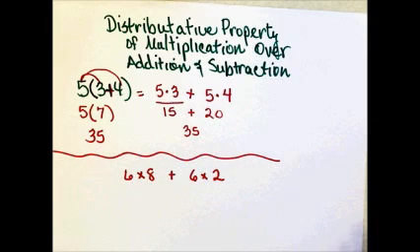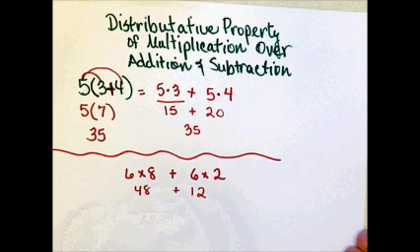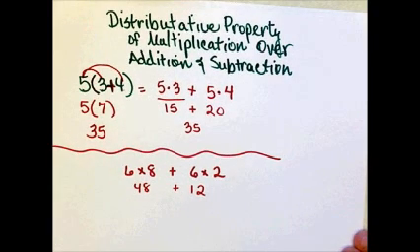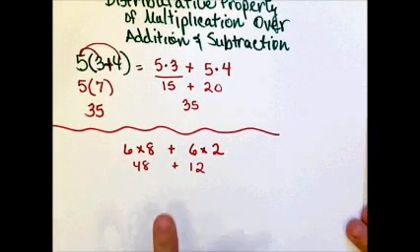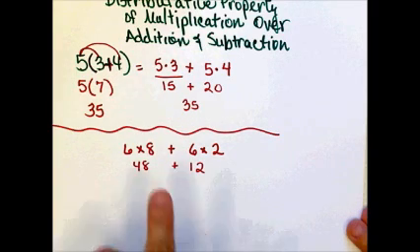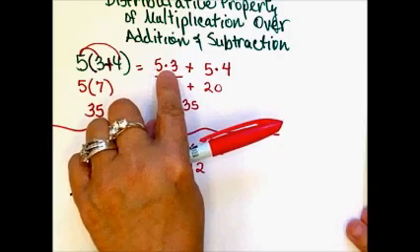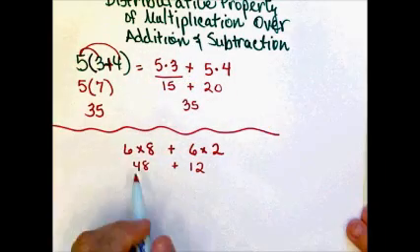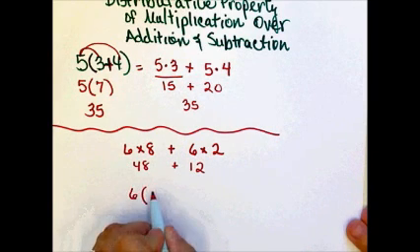I could look at this and I could say, oh, that would be like 48 plus 12. Now, I could undo, so I'm getting large numbers here, okay? Granted, they're not too large to work with, but an easier way might be to undo the distributive property. In other words, go from this part back to this. So 6 is distributed to two things. So I could say, well, 6 is distributed to 8 plus 2.